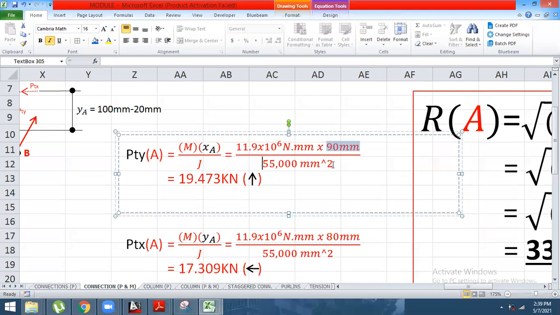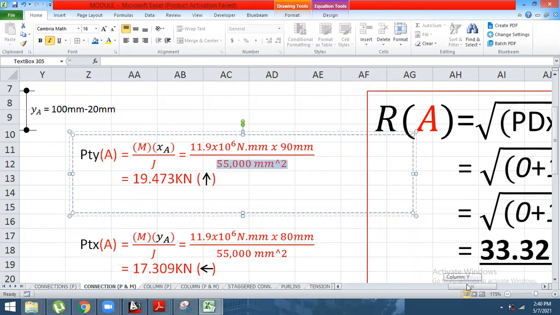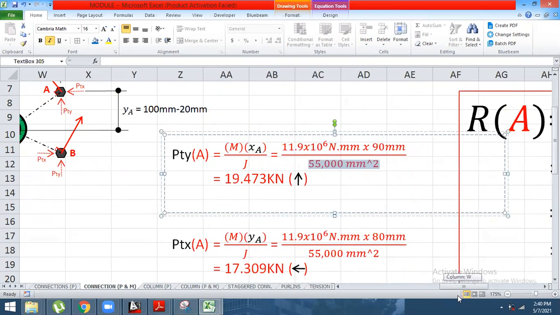Then the J is the polar moment of inertia of all the bolts, which is 55,000 millimeters squared. So therefore, the PTY, the torsional resistance of A, is 19.473 kilonewton upwards.